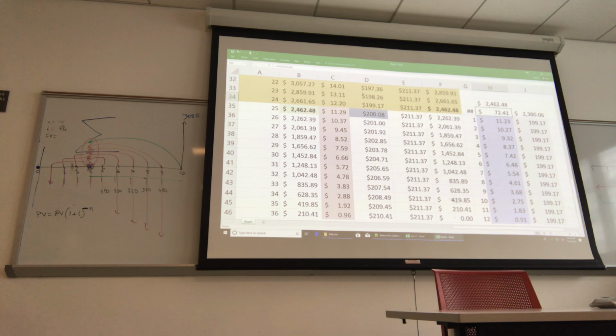Do I want to put chapter 3 into the process? Yes, I do. What is in chapter 3? In chapter 3 is another concept. The concept of internal rate of return. And I want you to be comfortable with that process. What is the internal rate of return?